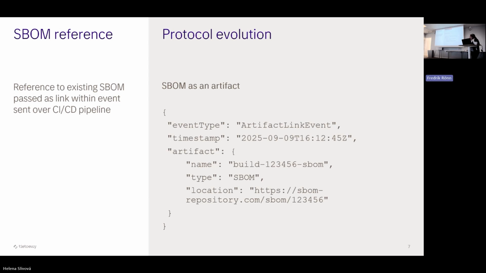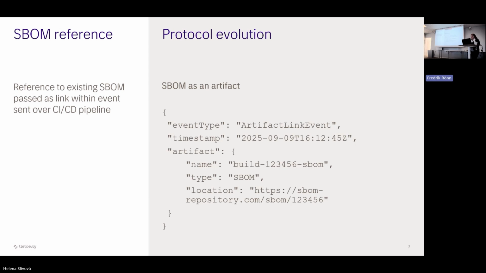Here is an example where we treat Sbom as an artifact. We could probably update the artifact link event to contain necessary information about the Sbom: the timestamp, of course, the name of the Sbom, and the URI to the location where the Sbom is stored.